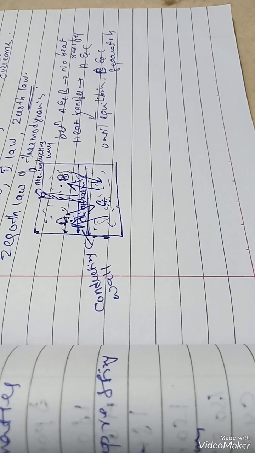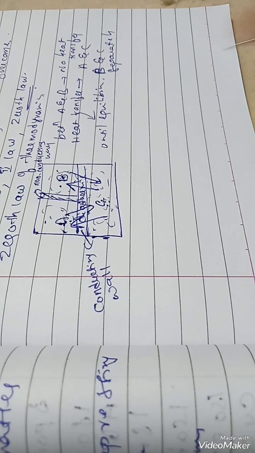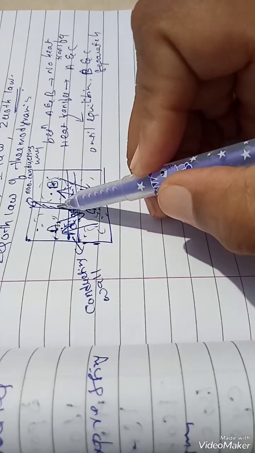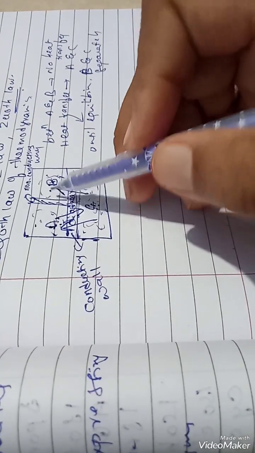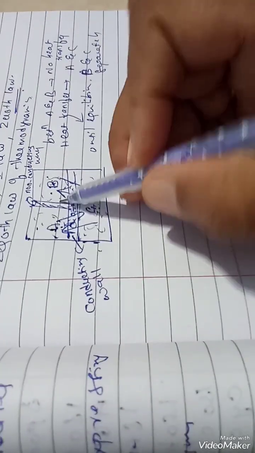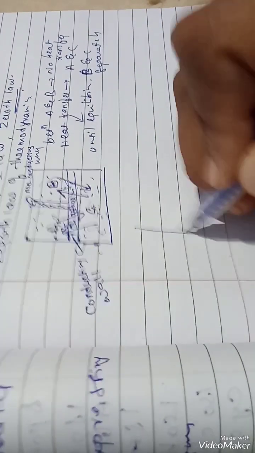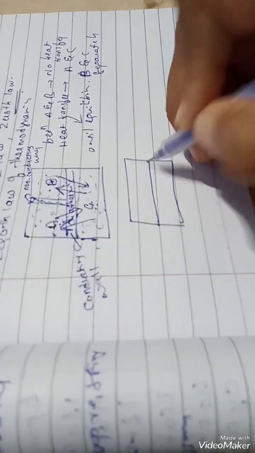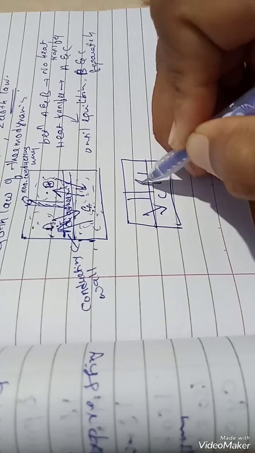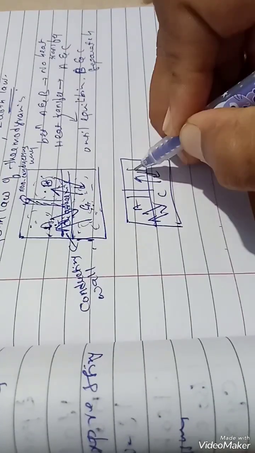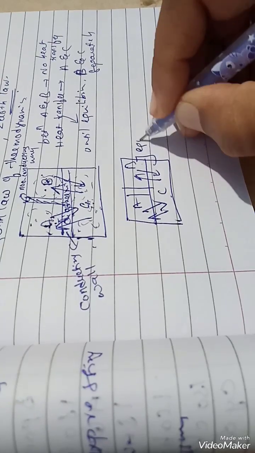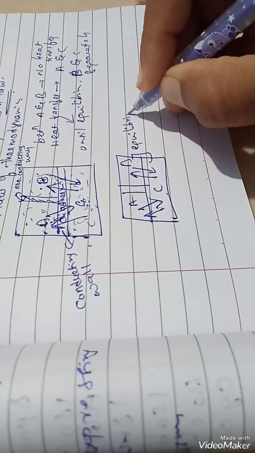Now next, let us see. Replace this non-conducting wall again with a conducting wall. Now see, A and C, and B and C are in equilibrium.